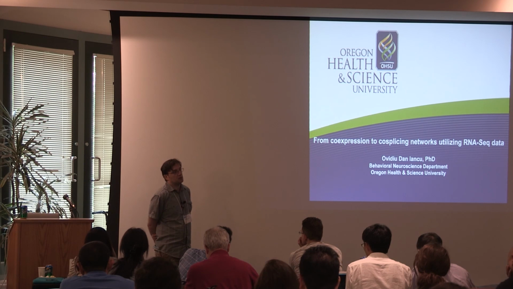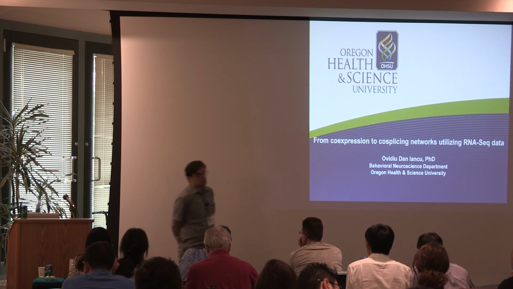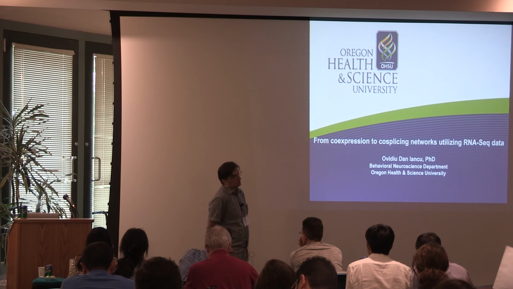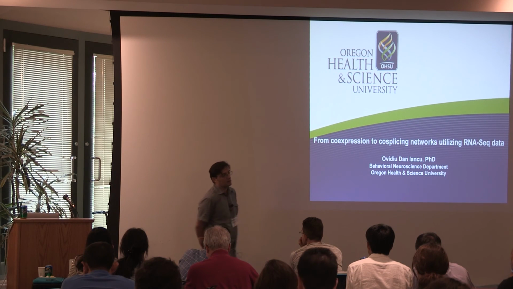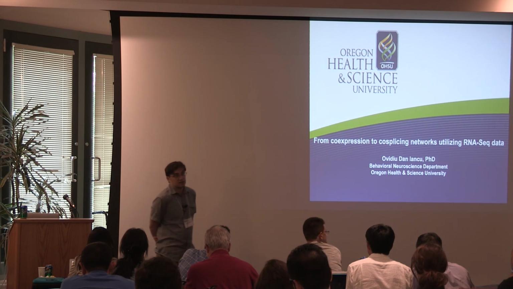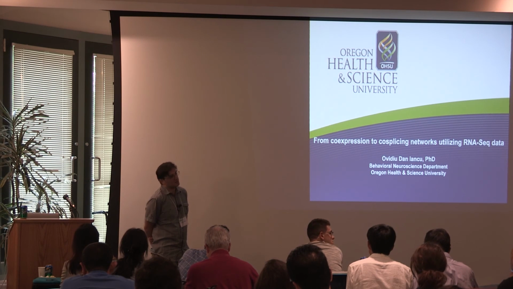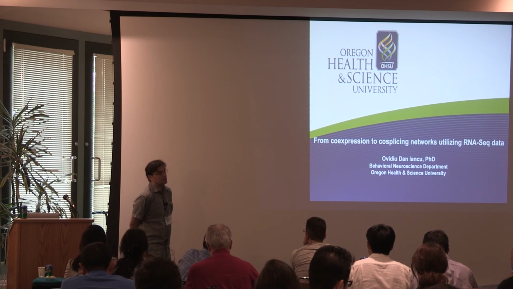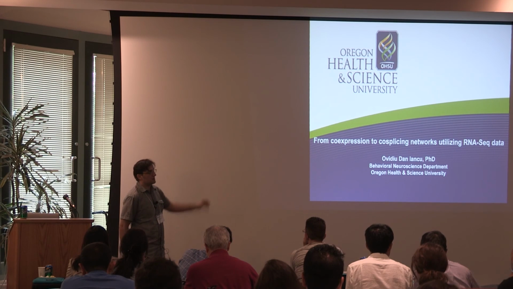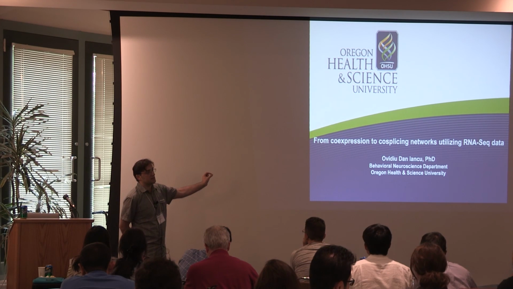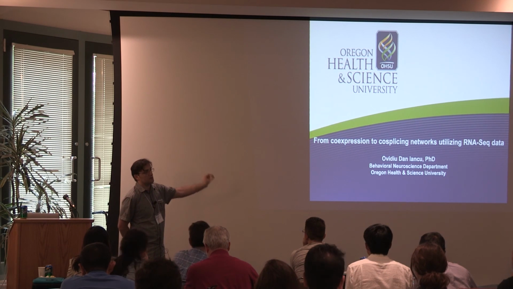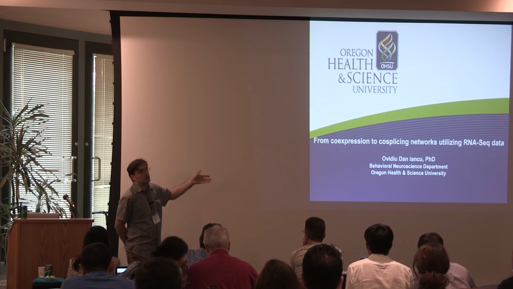I've seen people use hundreds of modules, and I sometimes use fewer. It depends on the level of resolution that you're interested in. That's a general question about clustering and how many modules and what sizes you should get, so it's not specific to cosplicing. I use roughly the same size and number of modules in the coexpression versus cosplicing, just for comparative purposes here.